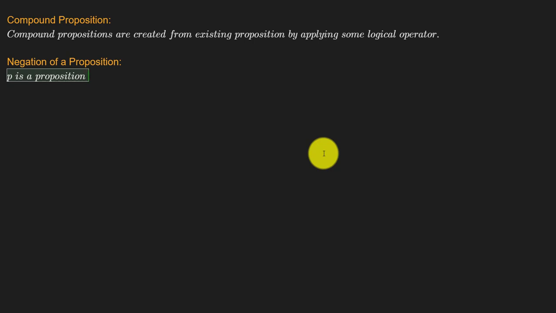So if P is a proposition, the negation of P is generally denoted by P prime, or it could be P bar as well.